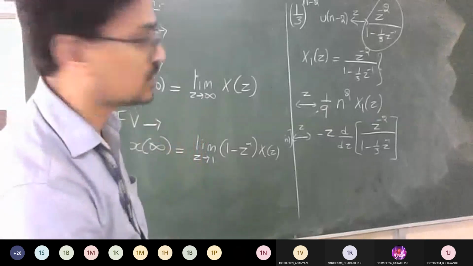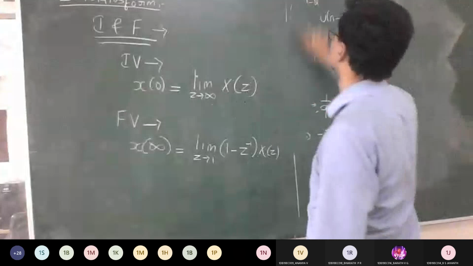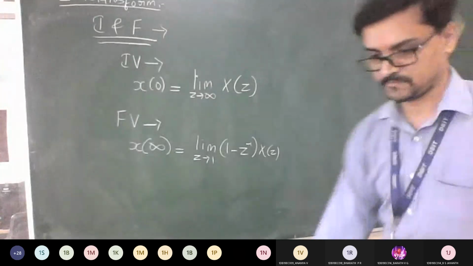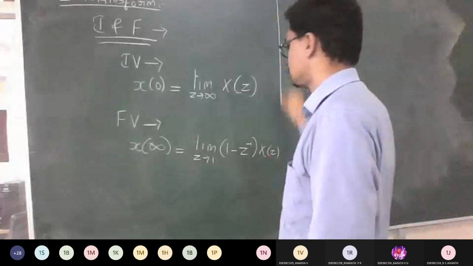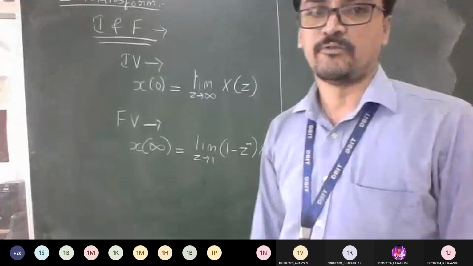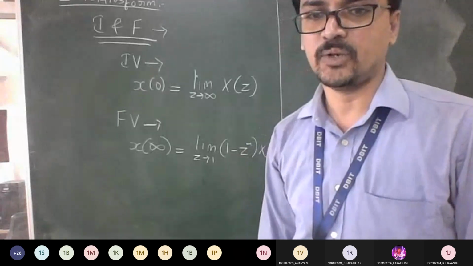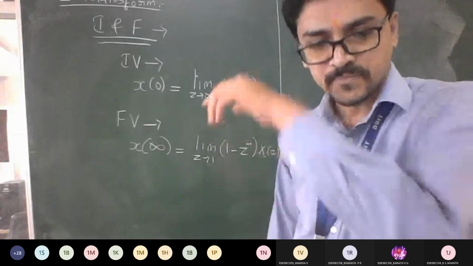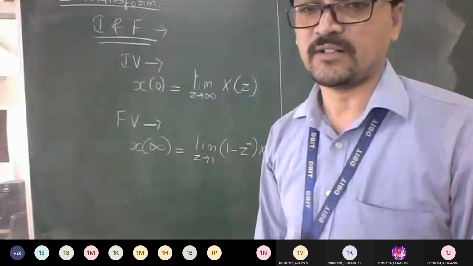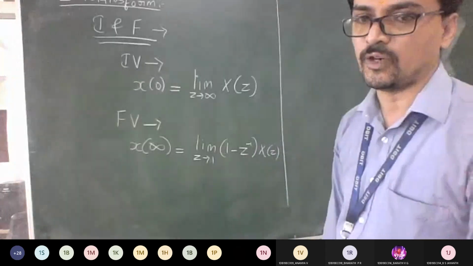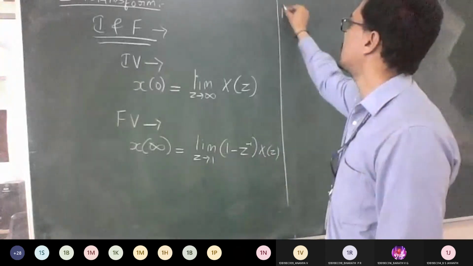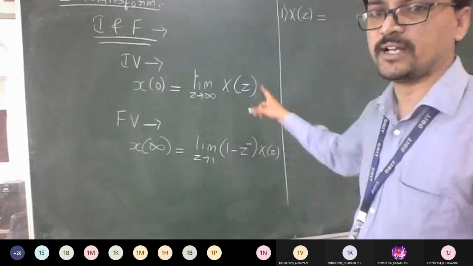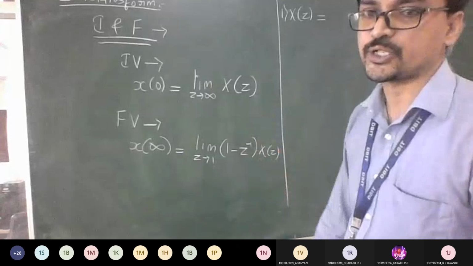Yeah. So on this, I will just show you a simple problem, how it looks. Then we'll end the session. Okay, write the question. Find the initial value and final value for the following signal. They have given x of z itself because the formula involves x of z, so you should have x of z.